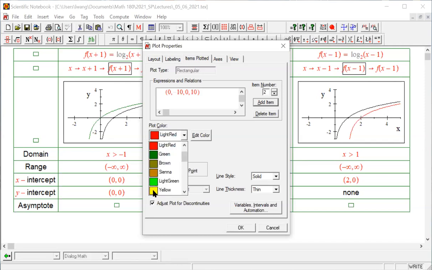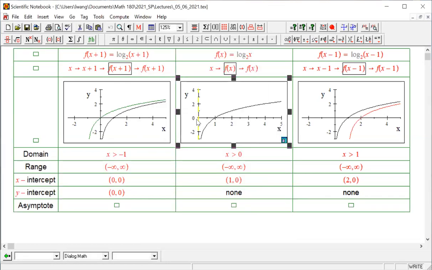Let's see, what color should I put? I have a prominent color, yellow. Let's see how yellow does it. Okay, do you guys see that yellow line?